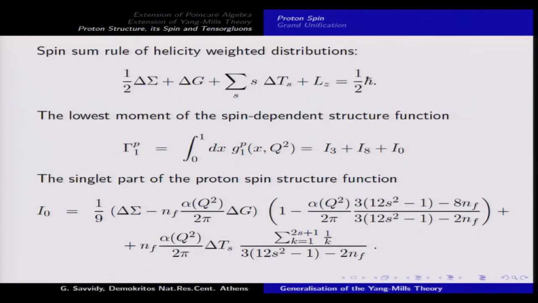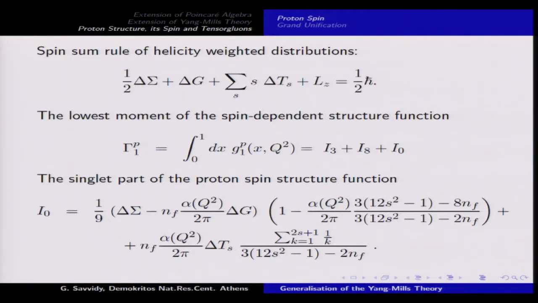It's a long story, but we succeeded in generalizing the formula which was written by Altarelli and Ross, which has these two terms. One is the quarks. You see that not only quarks contribute, but also there is a contribution coming from the gluon. That's what their discovery was.